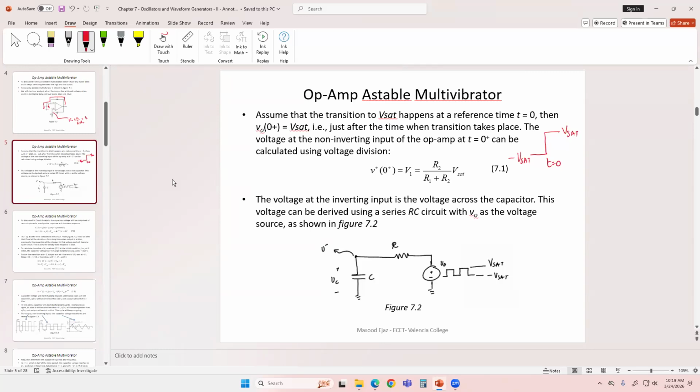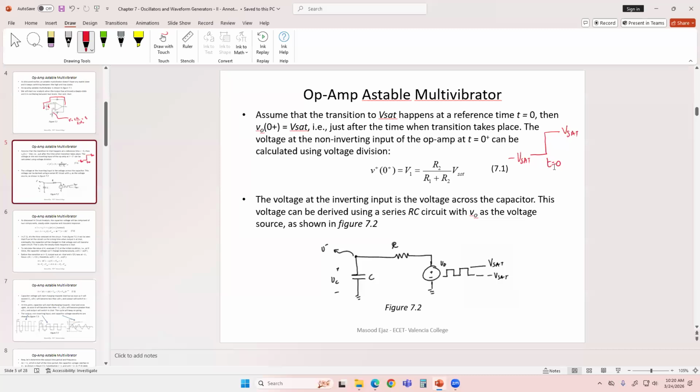And remember the switch: when you open or close the switch, the voltage across the capacitor just before the switch is opened or closed is the same as just after. So remember the voltage is going from negative VSET to positive VSET.